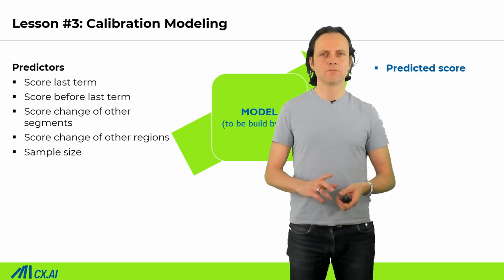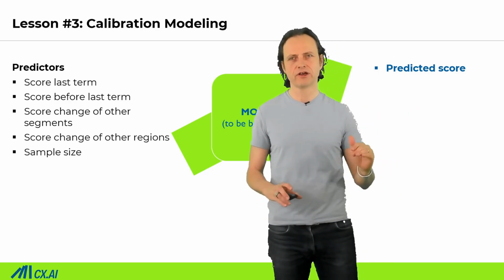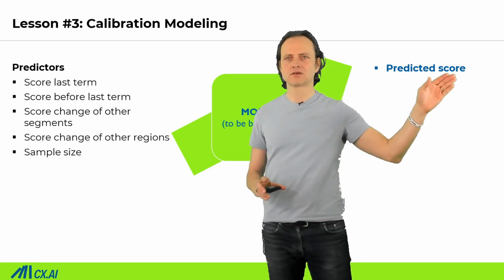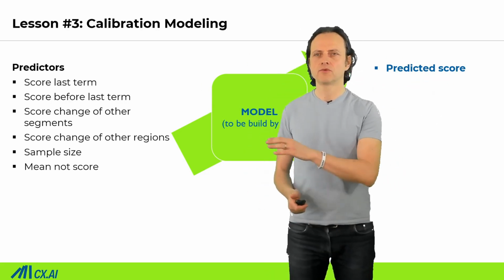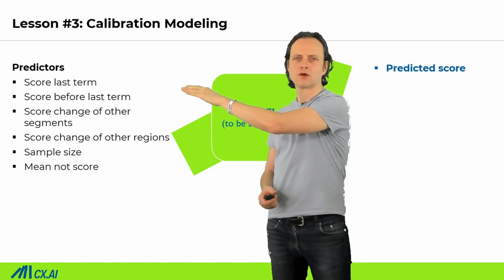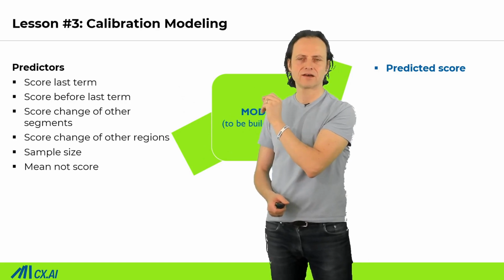Then, of course, the sample size, because low sample size means high variation, high change from past to future. Instead of putting here the score of the last time, you should try out putting the mean rating.